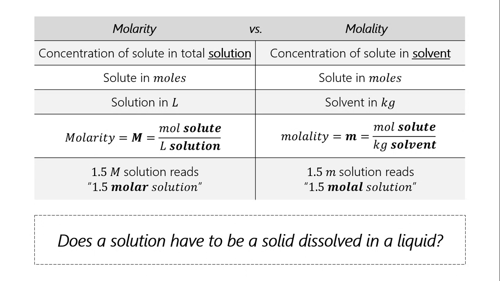We can also dissolve a liquid in a liquid. We can dissolve a gas in a liquid, like I mentioned before with CO2 dissolved in a solution of water and sugar. There's all kinds of stuff shoved in there. Things like rubbing alcohol are a solution of a liquid in a liquid. We can even dissolve a gas in a solid.